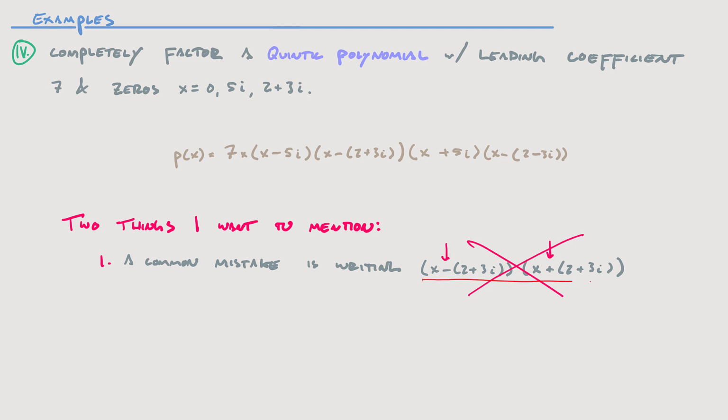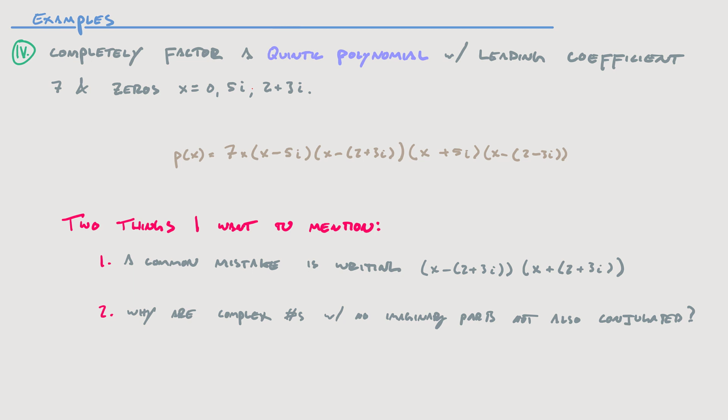Look, if you look at this, that is not the same as this one, because both of them were minus up here. They're both minus right here. So these are the signs that actually change: the sign between the real and the imaginary part. But it's always going to be x minus your zero, unless in the rare case you have no real part to the complex number. Okay, I hope that makes sense.